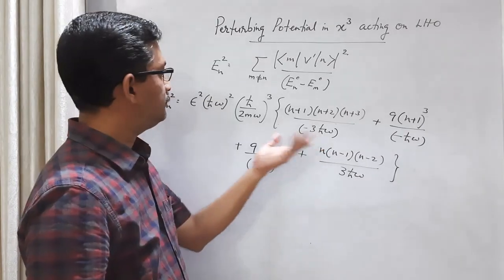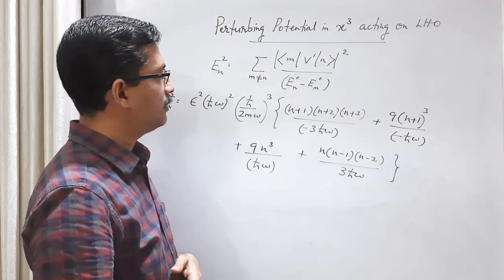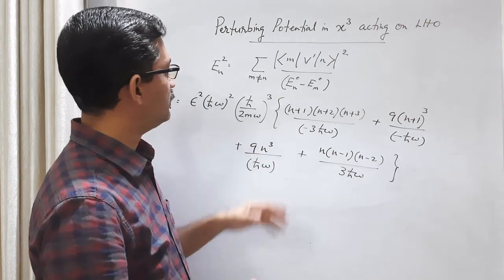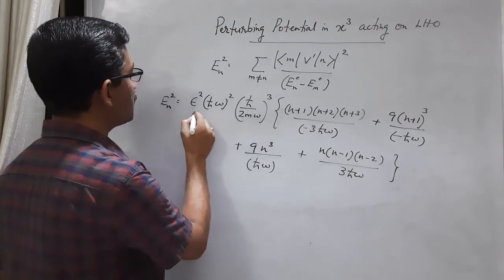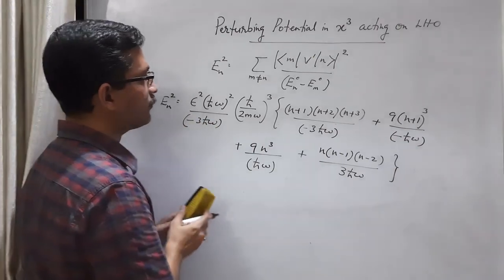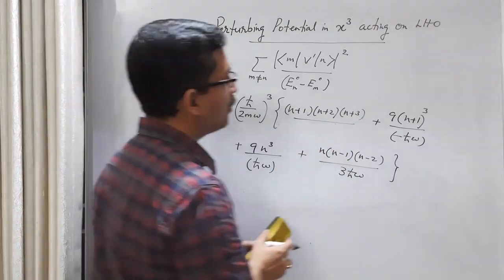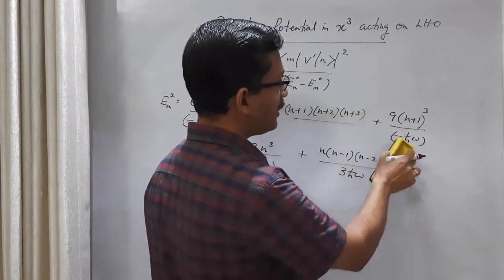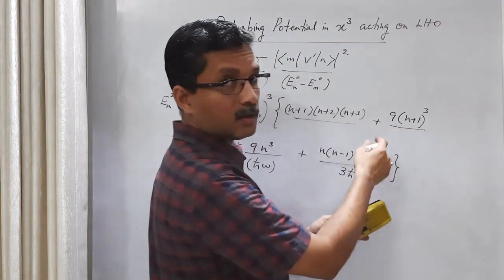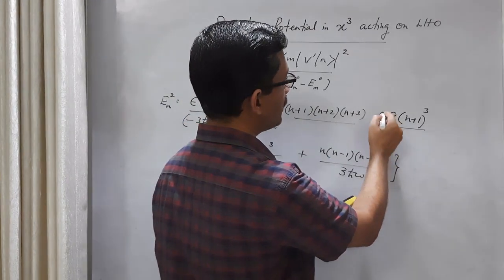You can take minus 3h cross omega outside. Then this term will be positive. So in order to get minus 3h cross omega in the denominator, the minus sign is already there, so you have to multiply the numerator with a 3.